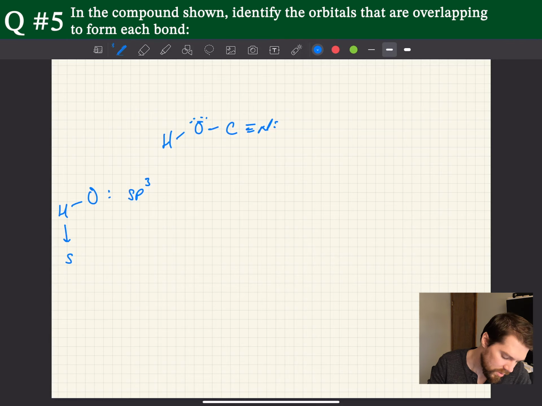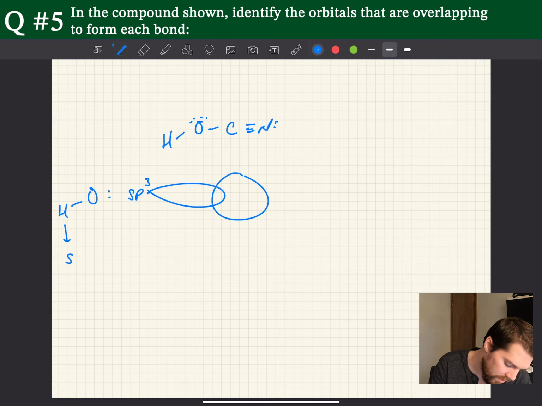It's in an s orbital. So an sp3 is overlapping with an s orbital to form the OH bond.